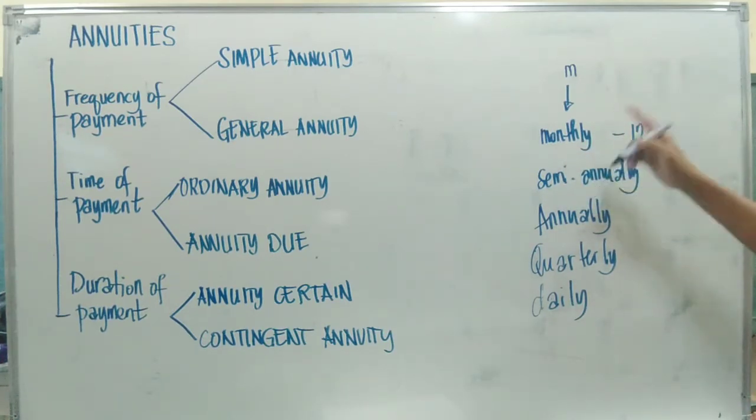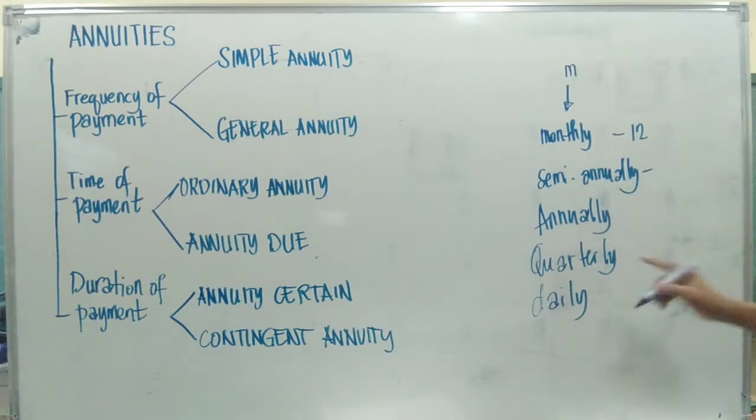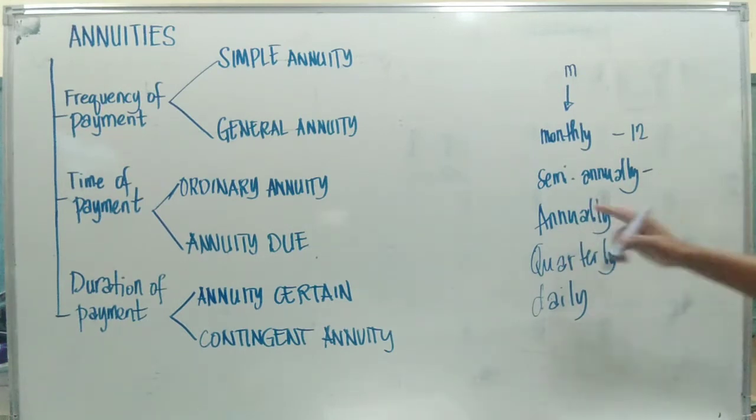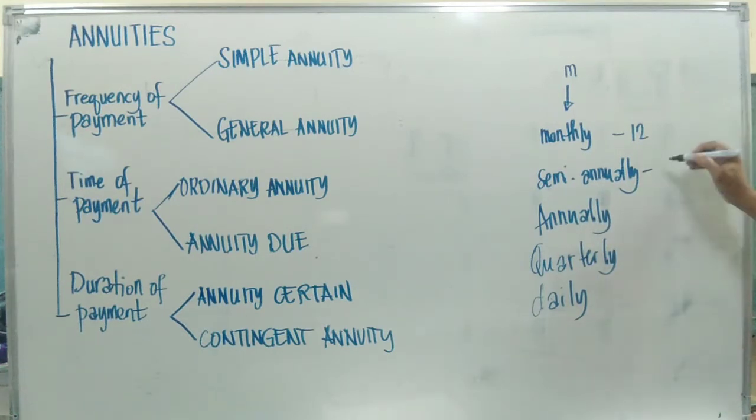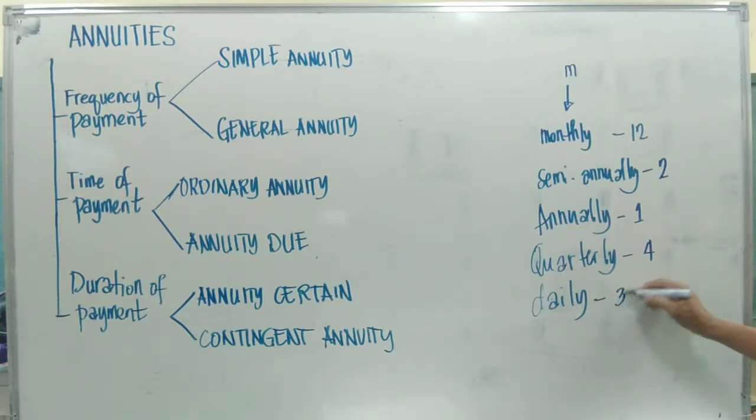Monthly means you are paying each month, so in 1 year, you will be paying 12 times. Semi-annually, half of a year, so every 6 months, you will be paying twice a year. Annually, every year. Quarterly, every 3 months, so 4 times in a year. And daily, we have 365.